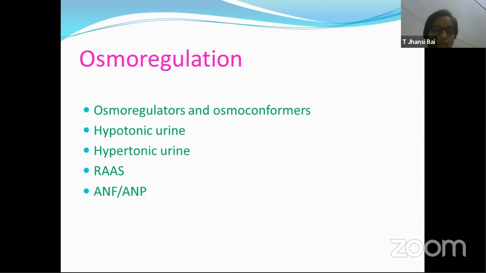Osmoregulation. Now here you have something called osmoregulators and osmoconformers. Dear students, I'm sure in your 9th class you already learnt a few terms, like poikilothermic animals, homeothermic animals, cold-blooded, warm-blooded. What did we learn over there? Cold-blooded animals are organisms which change their body temperature according to the environment.